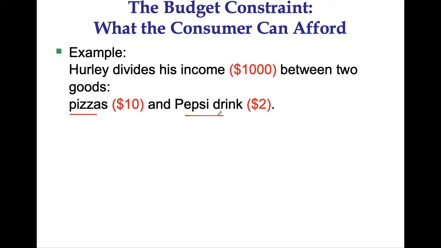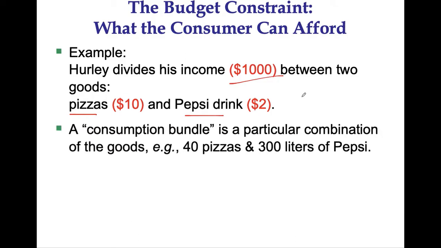The pizza price is $10 and the Pepsi drink is $2. And Harley has an income of $1,000. And he is looking to spend his income on pizzas and Pepsi drinks.